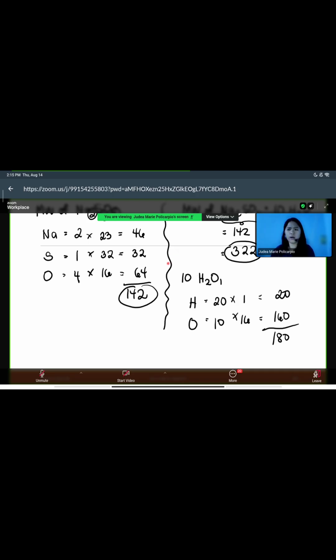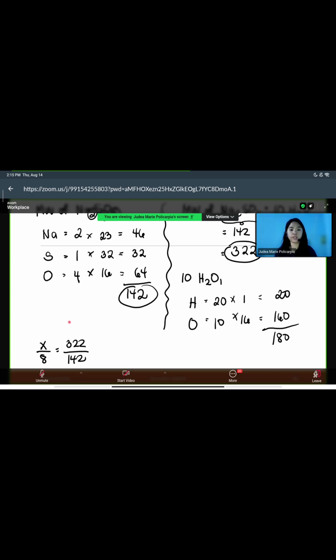So, where are we supposed to put the 322? Ilalagay mo naman siya ngayon sa numerator ng right side ng ating equation. So, dito na natin isulat now. We have x over 8 is equal to 322 over 142.